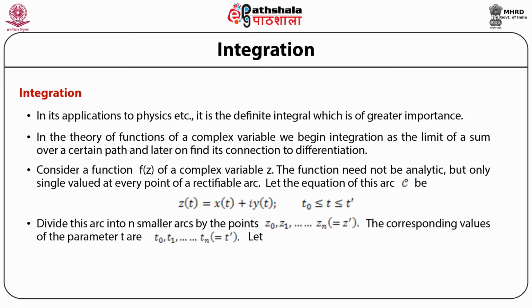Divide this arc into n smaller arcs by the points z0, z1, up to zn or z'. The corresponding values of the parameter t are t0, t1, up to tn or t'. Let S be equal to the sum from i = 1 to n of f(ξ_i) times (z_i − z_(i−1)), with z_(i−1) ≤ ξ_i ≤ z_i.